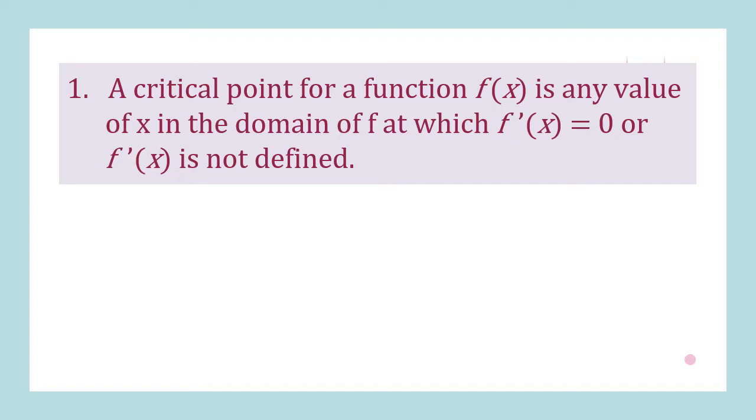Okay, so what is critical point? So critical points can be found by letting f prime x equal to 0, or f prime x may not be defined. Okay, so what we need to do is to find f prime x. What is f prime x? This is the first derivative of function, so we need to differentiate.